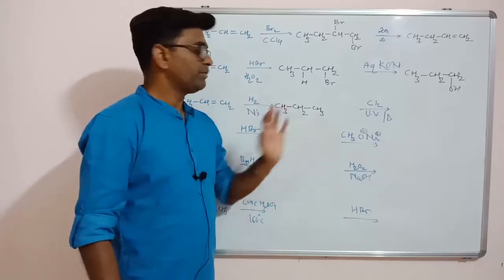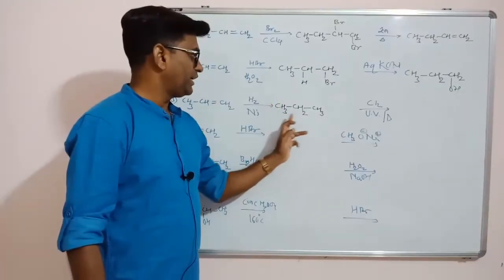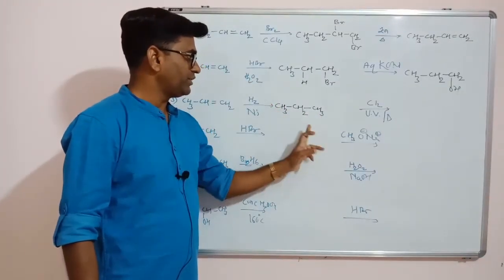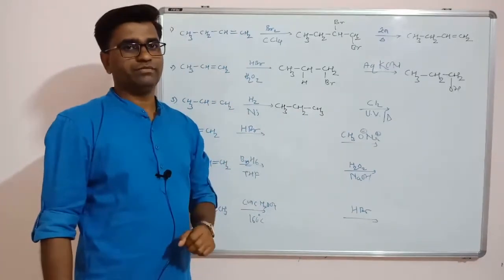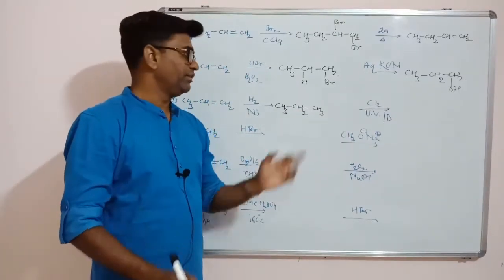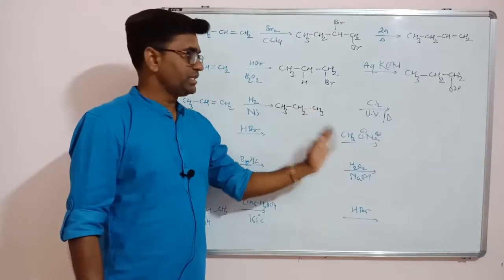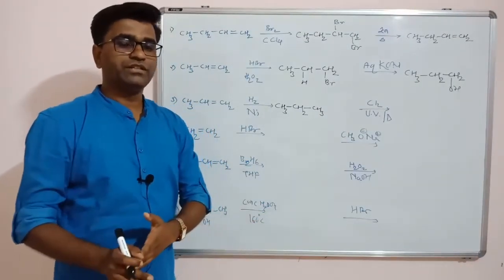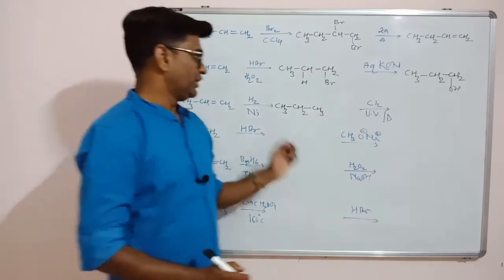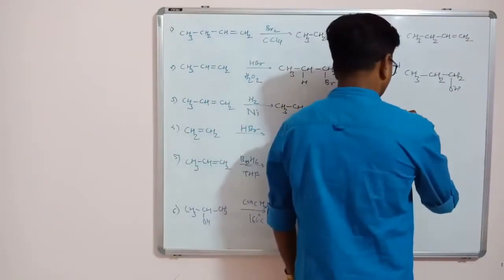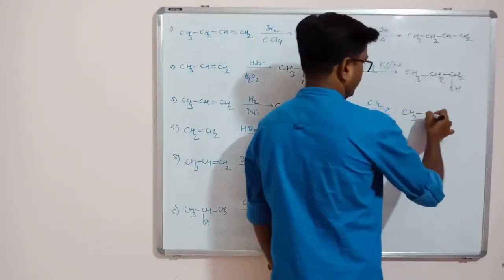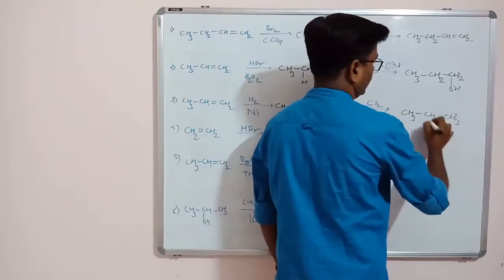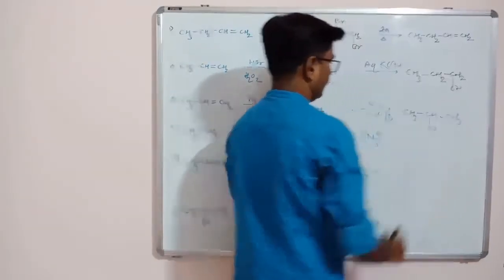So here two types of hydrogens are there. These two are primary hydrogens and this one is the secondary hydrogen. So the major product will be from secondary hydrogen replacement by the halogen. So the more substituted alkyl halide will be the product. You will get the product CH3 CH CH3 with the chlorine here.